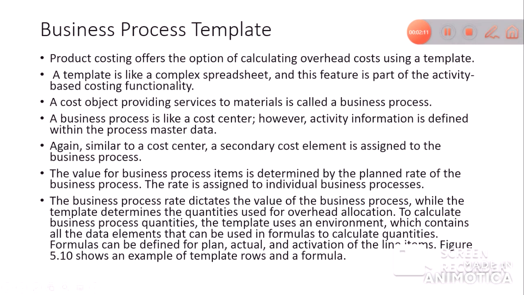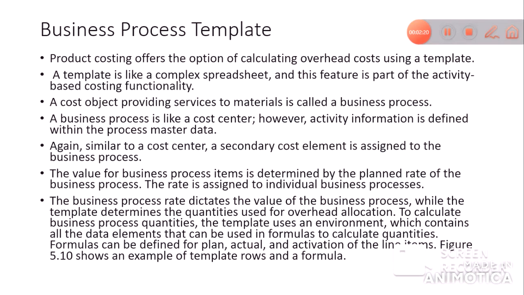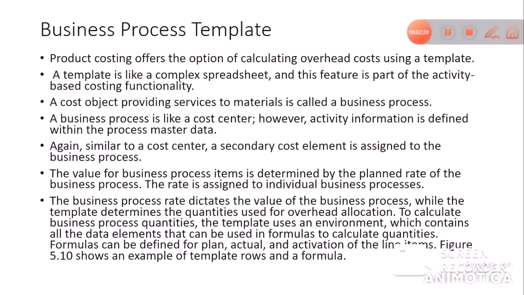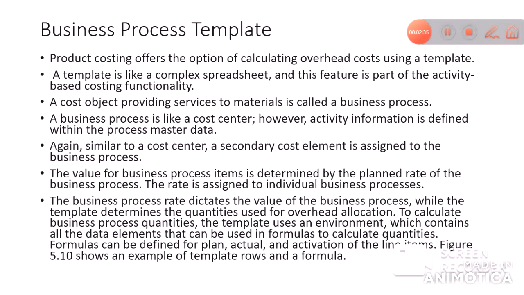The business process rate dictates the value, and the template determines the quantities used for overhead allocation to calculate business process quantity. The template uses an environment which contains all data elements that can be used in formulas to calculate quantities. Formulas can be defined for plan, actual, and activation of the line items.